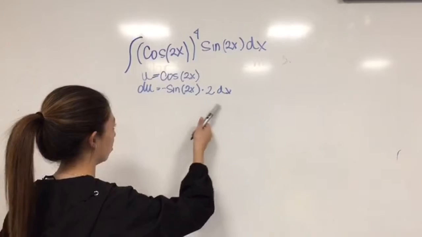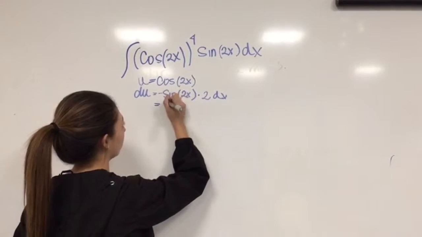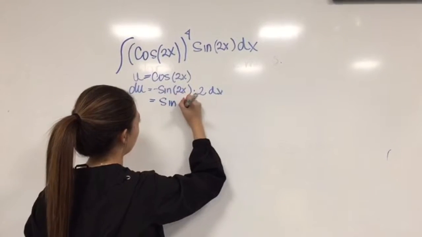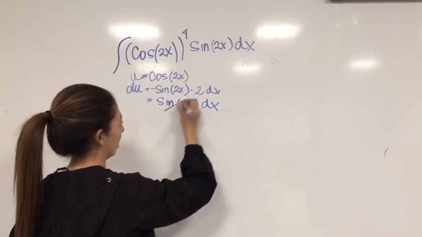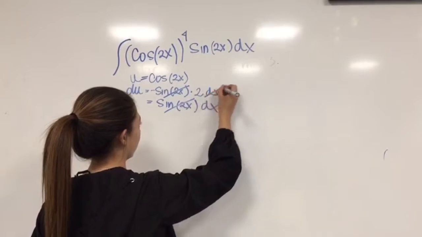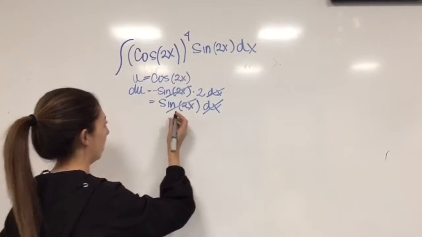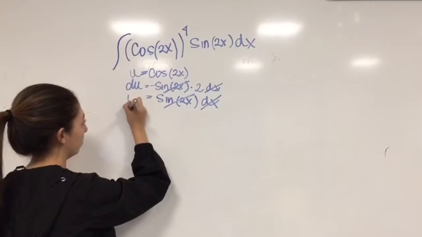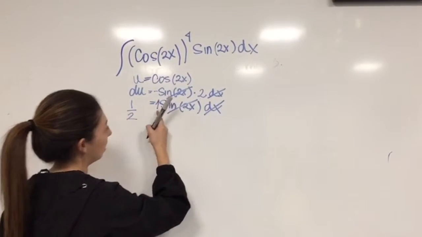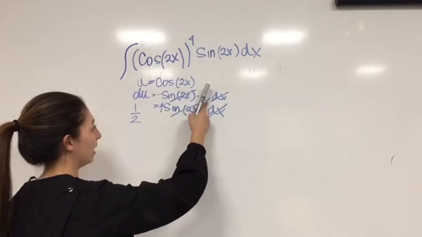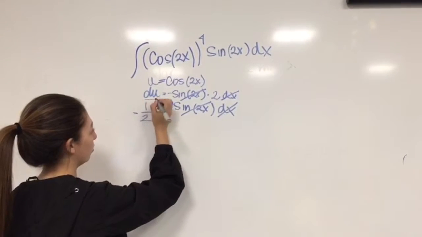Now this will cancel with this one, because it's sine of 2x dx. So this cancels, this cancels, this cancels, this cancels, and this will remain at 1/2, because here is an imaginary 1, and here is the 2, but since this is negative, you put a negative and with a du.